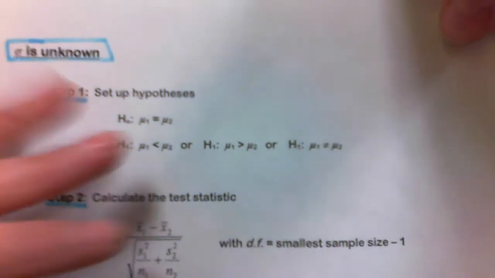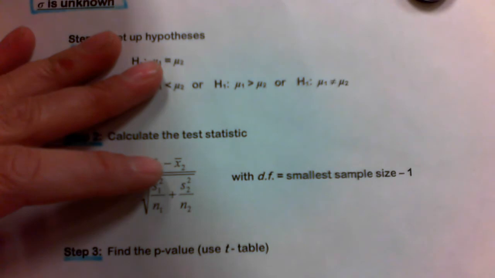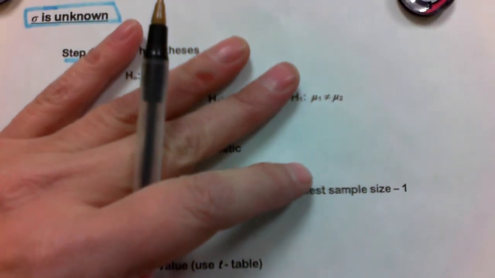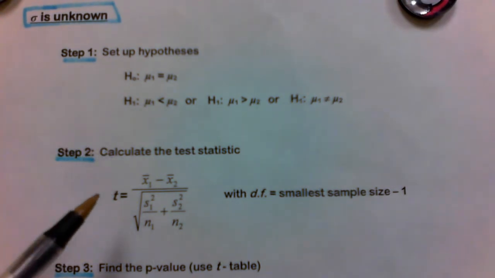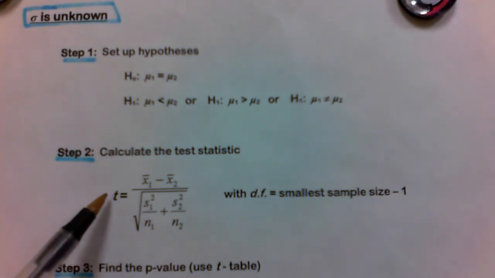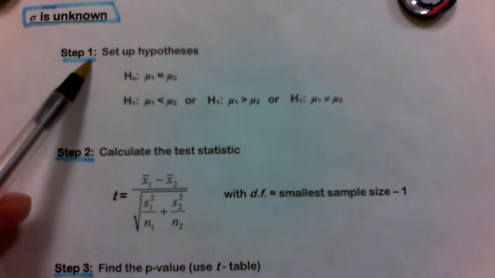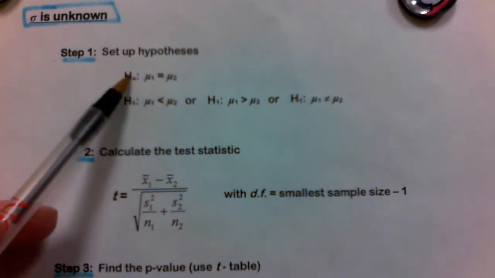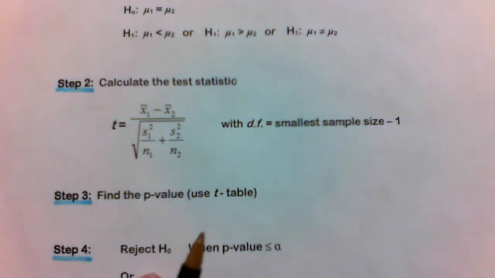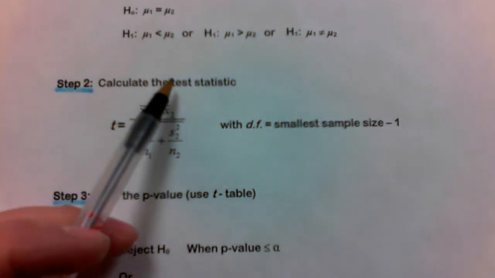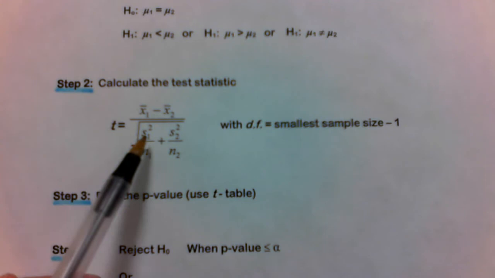Now, the other scenario that can occur is still two populations, but this time sigma is unknown. So that means we're going to calculate a t-value and use the student's t-distribution. Step 1 is exactly the same as the last example. The difference is steps 2 and 3, because now your test statistic is t because you have s instead of sigma.